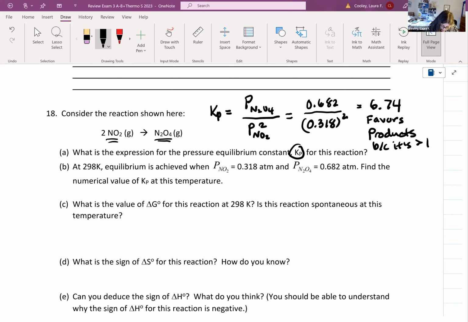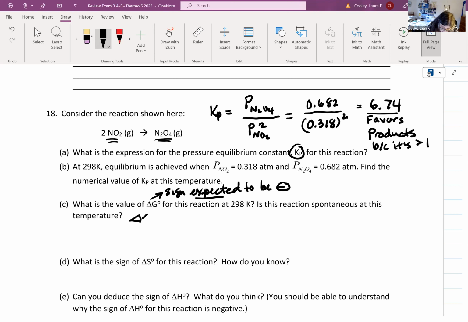So what do you expect the sign to be here, if the K is greater than 1? Negative? Yes. The sign is expected to be negative. So if we don't get a negative, then we did something wrong.